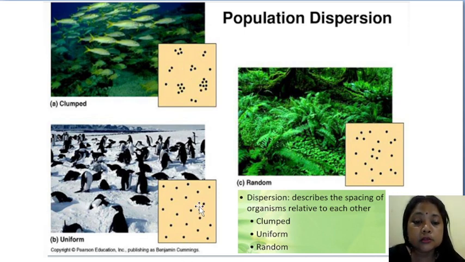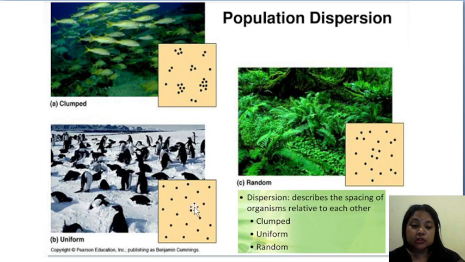And here see, in picture B, everywhere you can find a single dot, nowhere will you find a double, means the space between the species distribution is uniform. Okay, they maintain a uniform space from each other.